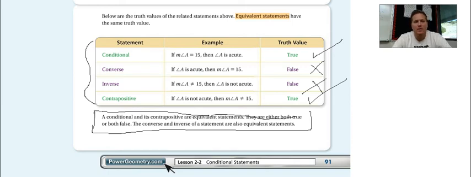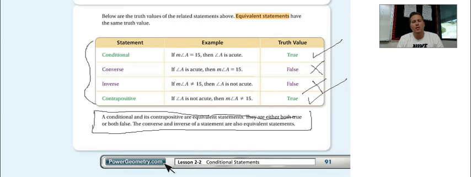When we looked at this example, they were both true, so they're always going to be true. If my contrapositive is true, then my conditional is true. If my conditional is true, then my contrapositive is true. The same thing goes with the converse and the inverse. If the converse is true, the inverse is true. If the inverse is true, the converse is true. They are equivalent statements.